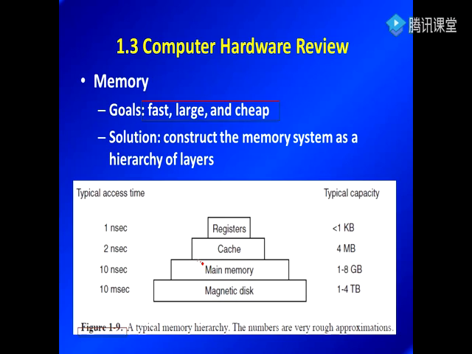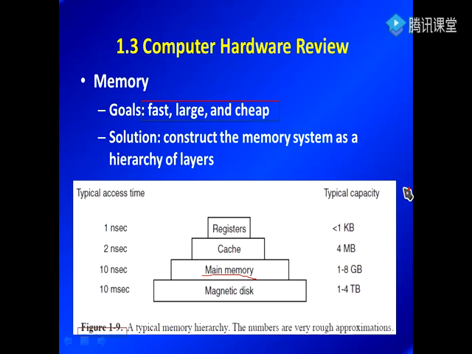In the following chapters of this course, if I just say memory, I actually mean main memory. But if I want to emphasize the difference between different memory components, I will say main memory, magnetic disk, cache, and registers.